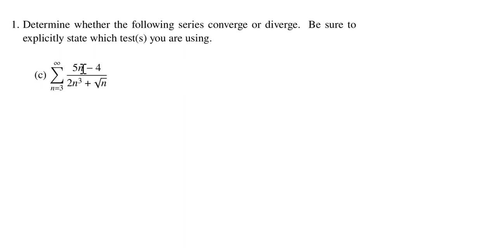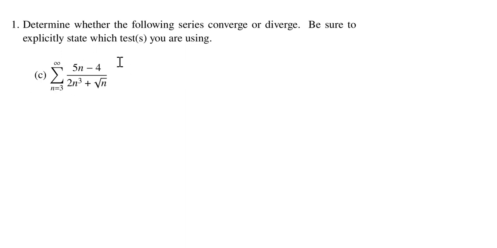I see that the numerator and the denominator have highest powers of n, 1 and 3, which tells me the underlying sequence is going to converge to 0. And this underlying sequence should be asymptotically equivalent to 1 over n squared. And 1 over n squared has a series which converges by the p-test, so this thing should converge.